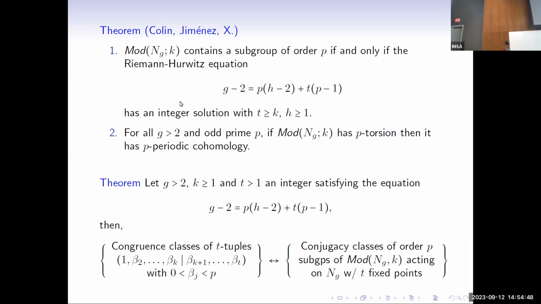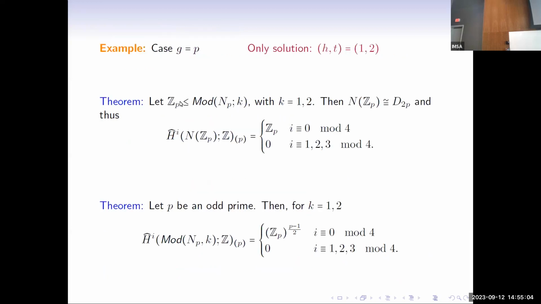And so next we have a way to count all these normalizers of these conjugacy classes of subgroups of order p inside your mapping class group, and it's probably better to end up with an example.